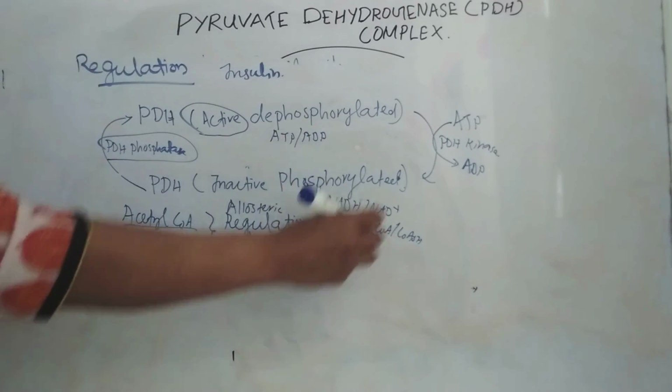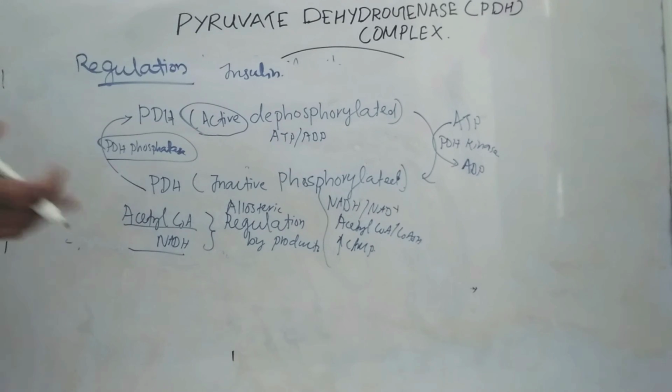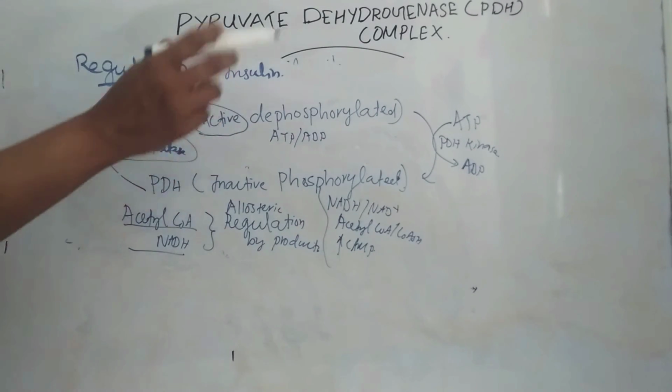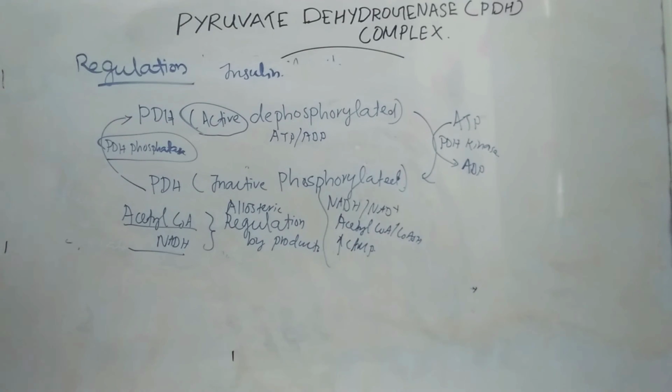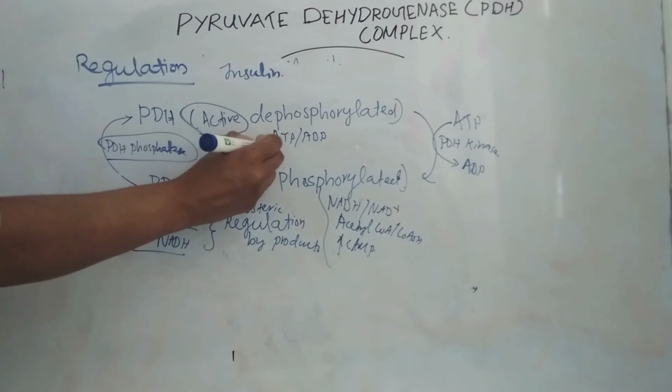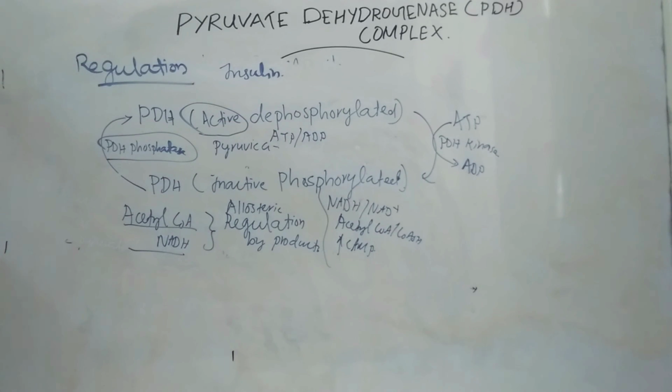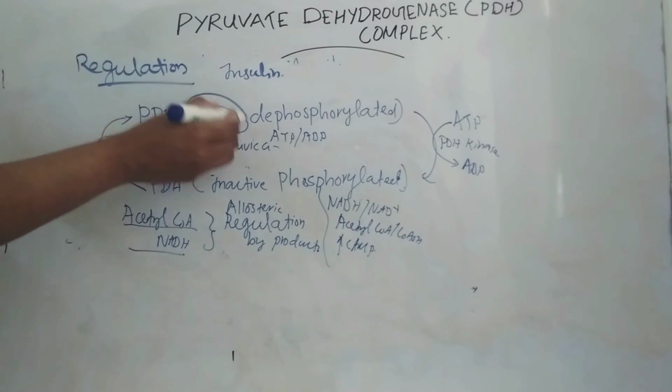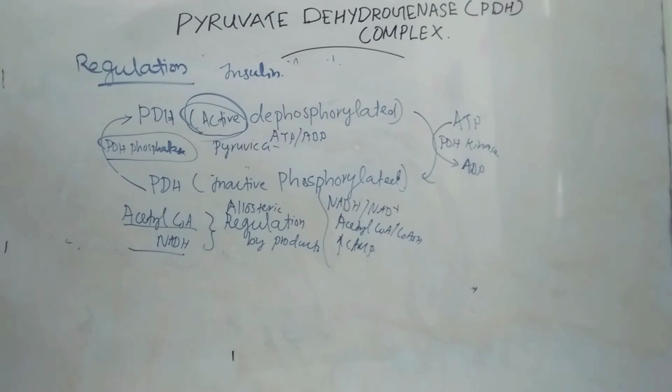These all enhance the activation of PDH kinase. Then PDH kinase is inhibited by increased pyruvic acid, that is, by a carbohydrate diet. Here it will form active PDH.